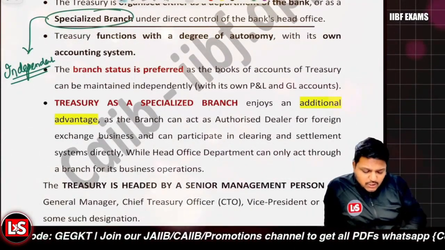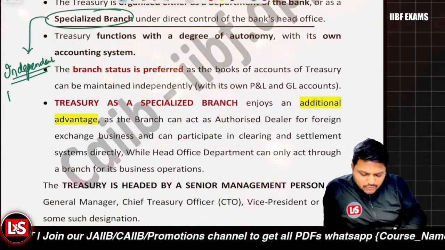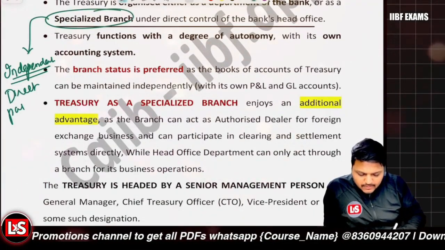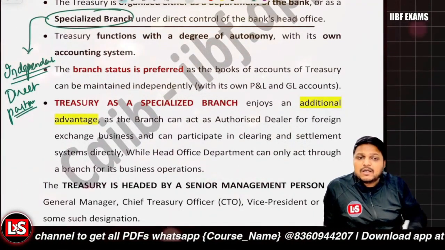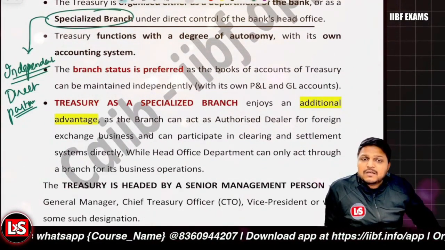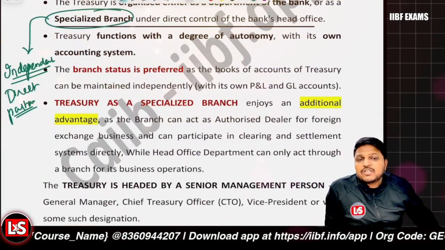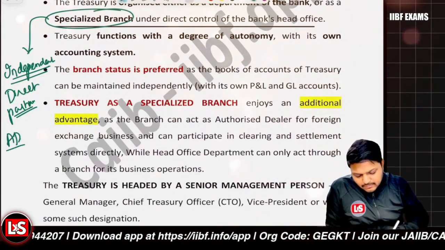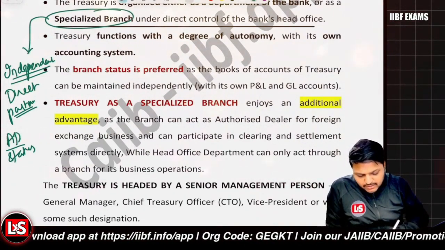Second benefit is direct participation: you can directly participate in the market, in the clearing and settlement systems, and further you can be conducting foreign exchange transactions directly. You'll be having the authorized dealer status.